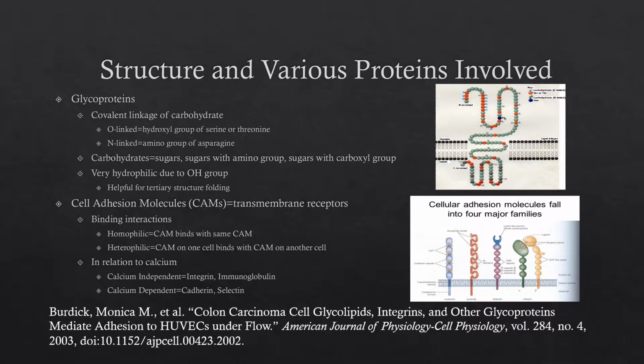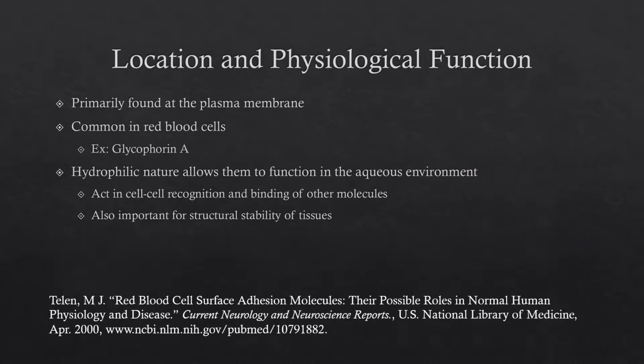They are also classified depending on their relation to calcium. The two that are calcium independent are integrin and the immunoglobulin family. And the two that are calcium dependent are cadherin and selectin.